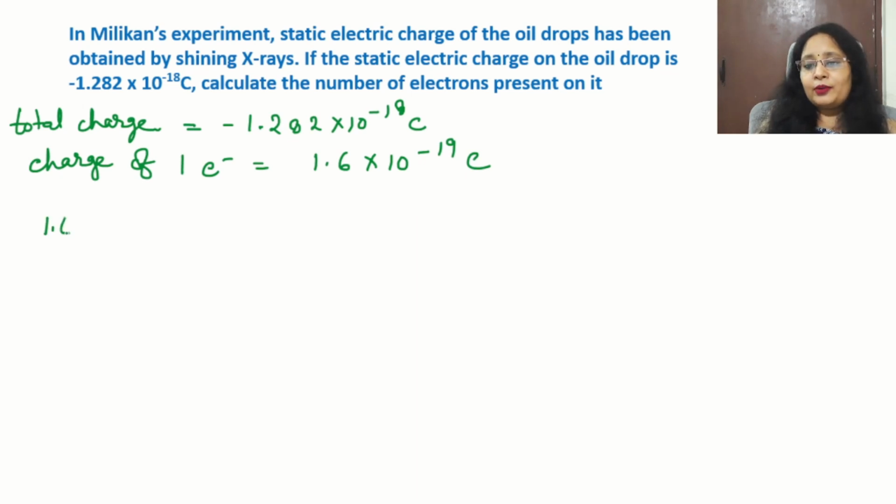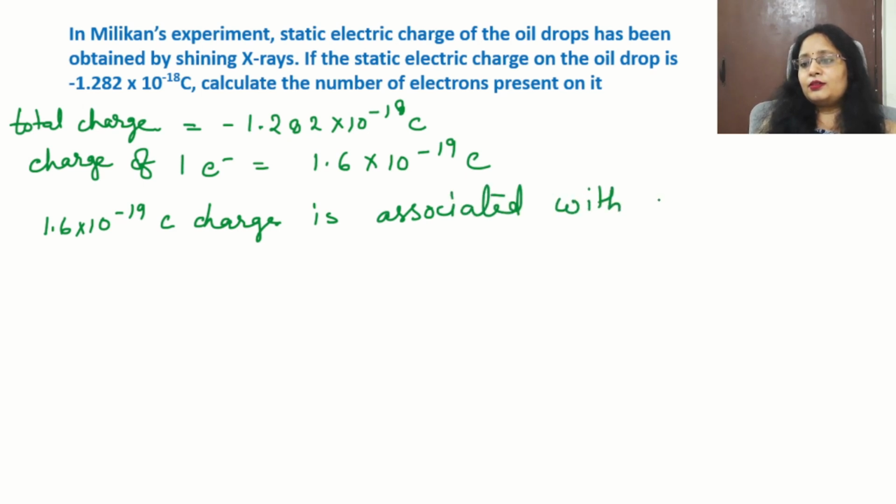We can write 1.6 into 10 to the power minus 19 coulomb charge is associated with 1 electron.